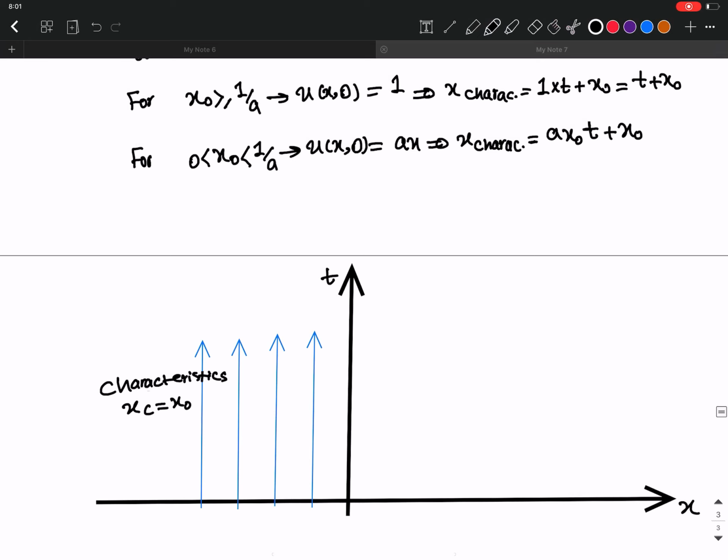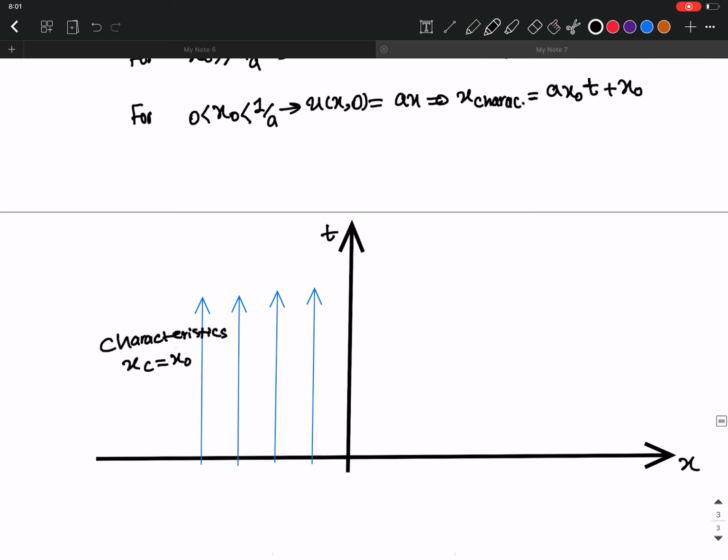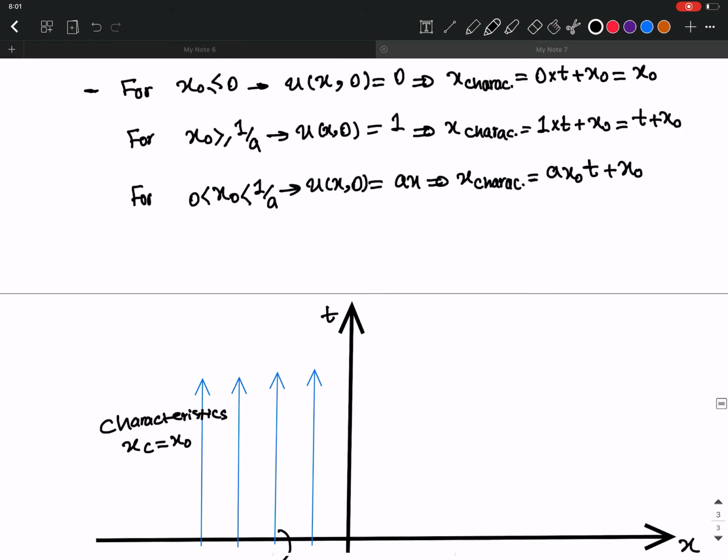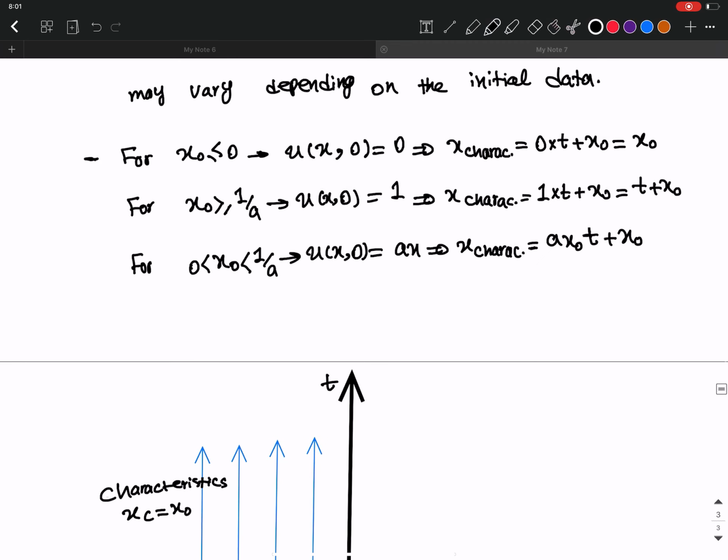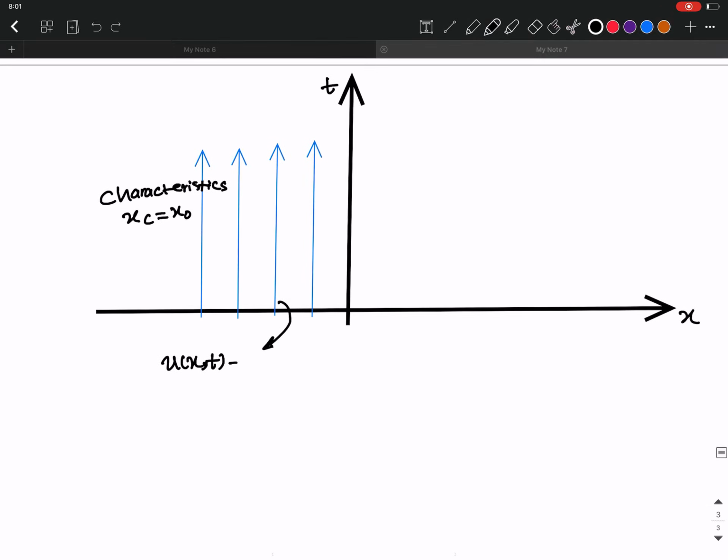And the value of u in this region is going to be 0 based on this.